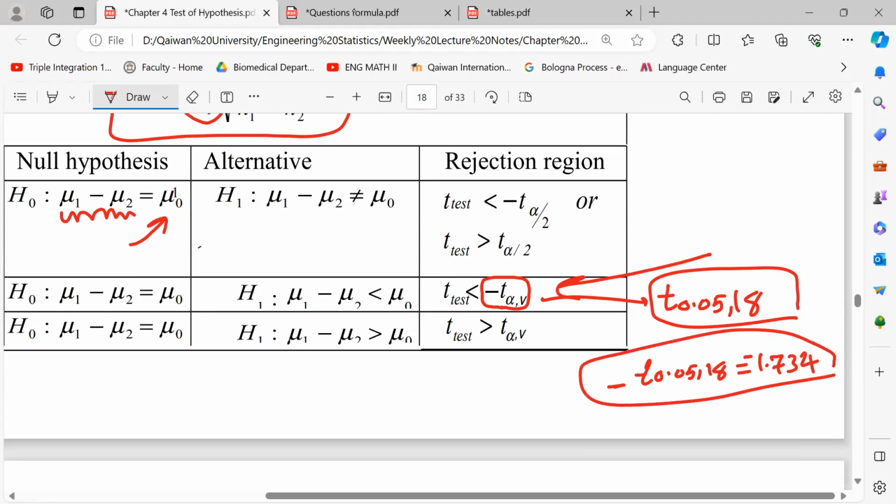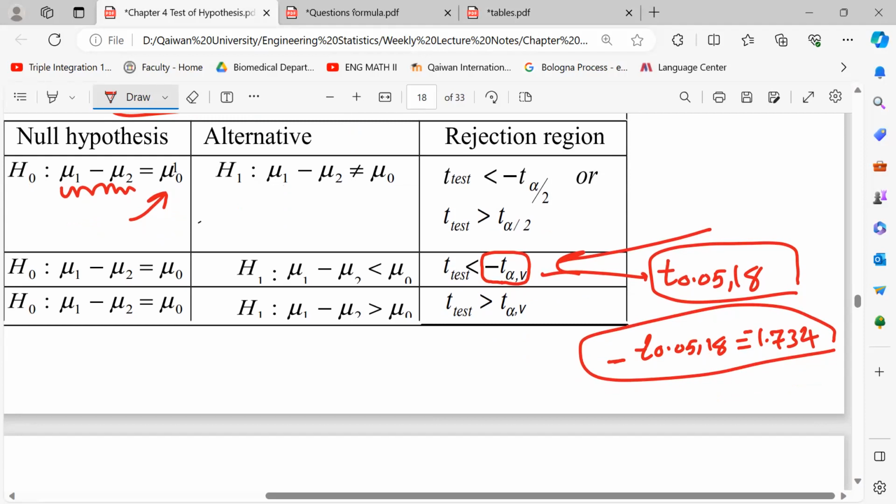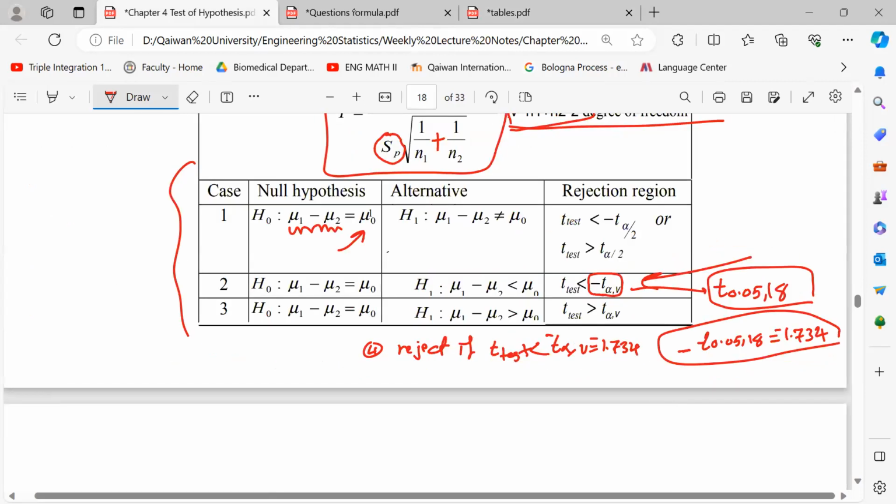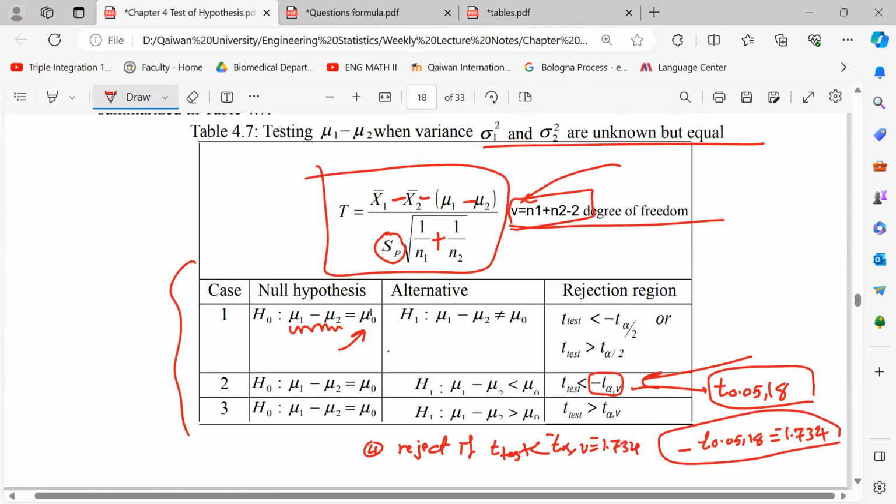In step 4, we write down: reject if T test is less than minus T of alpha and V, which is minus 1.734. If it's less than this, we reject. If not, we accept.